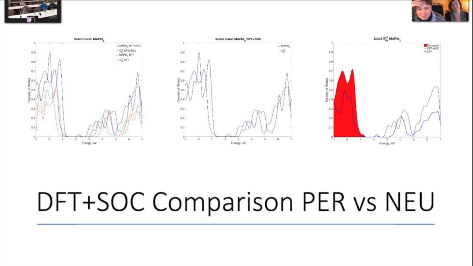With the spin-orbit coupling added, and this goes back to your earlier question about whether the band edge is moving relative to the intrinsic versus the vacancy state: the intrinsic bands move in, and the vacancy state itself stays relatively in the same position. So you have a shrinking of the band gap.